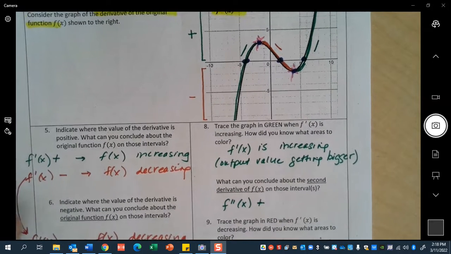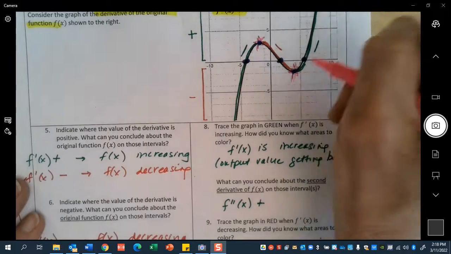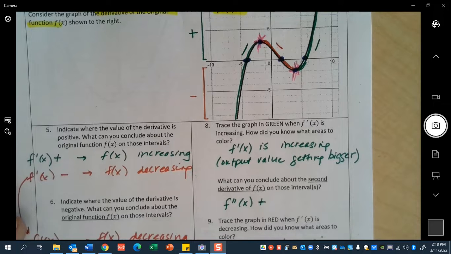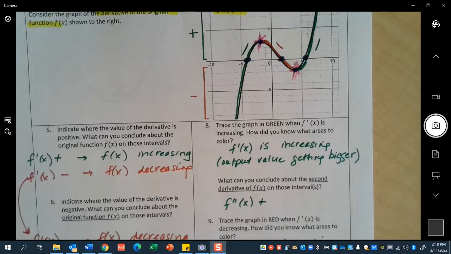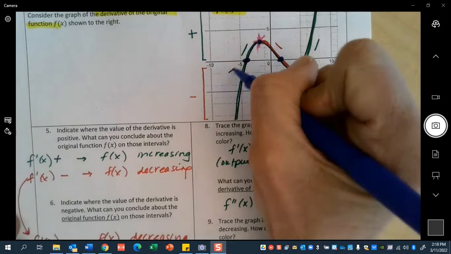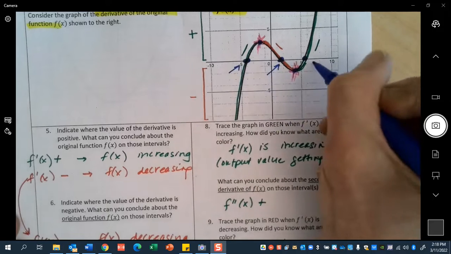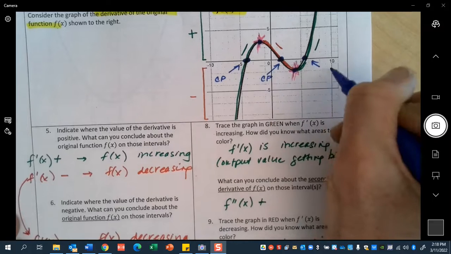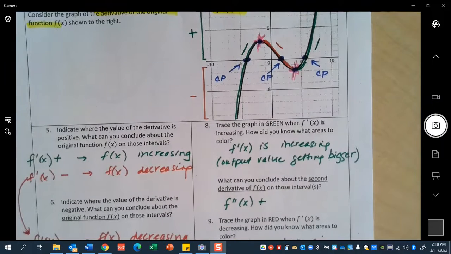So where these pink stars are is not it, because those pink stars are our next question. So these critical points, right here, and here, and here, these are my critical points of my original function, because my derivative is equal to 0. Are we okay with that?